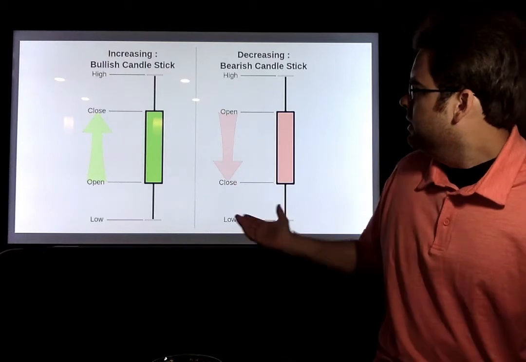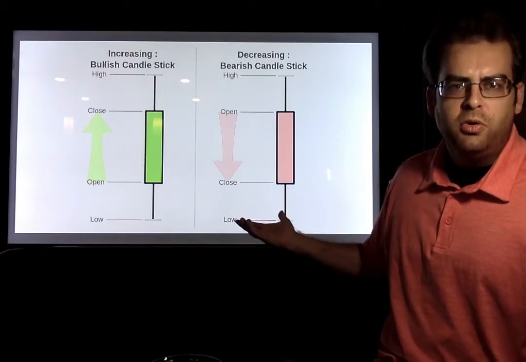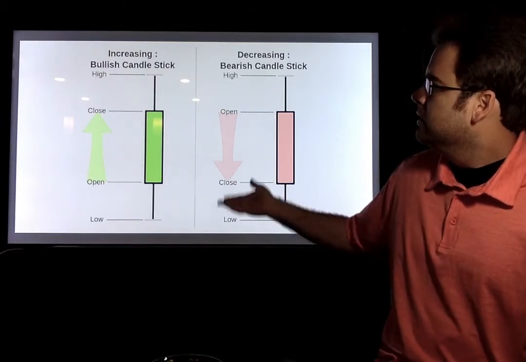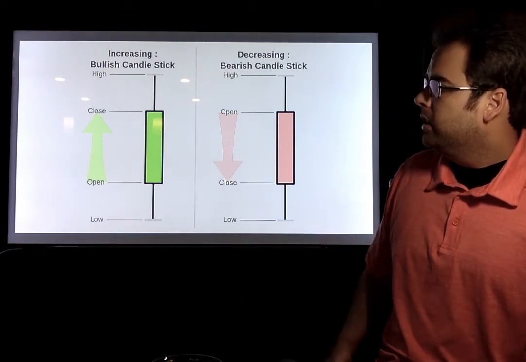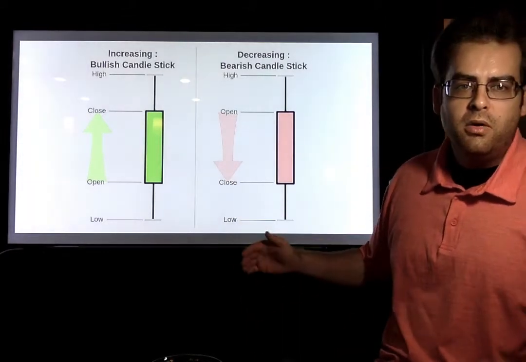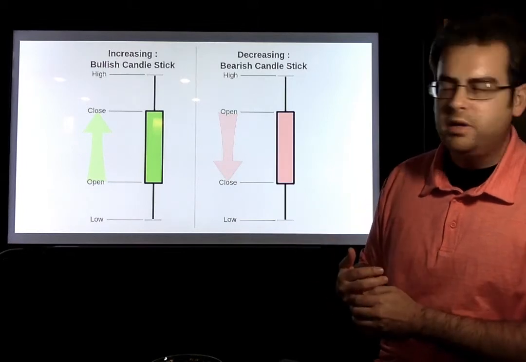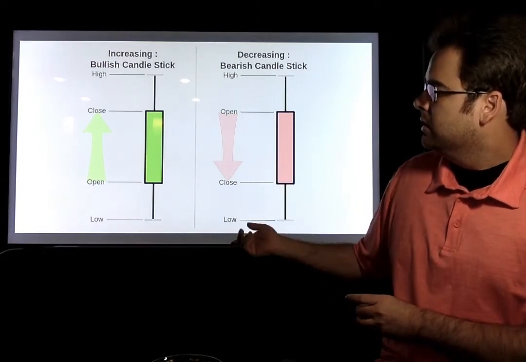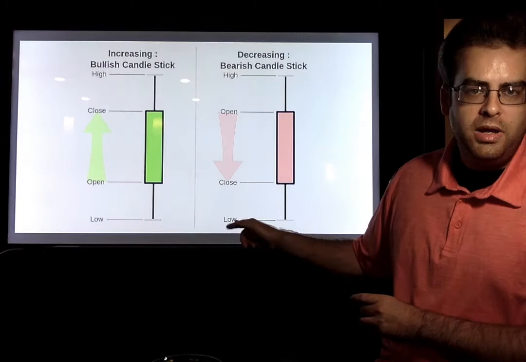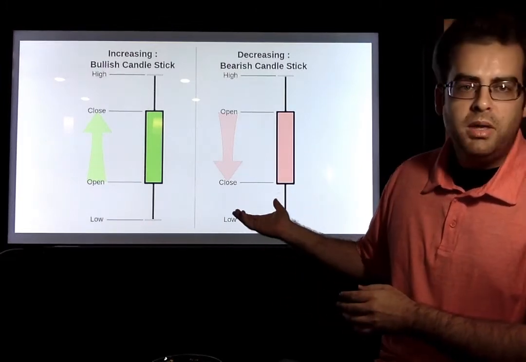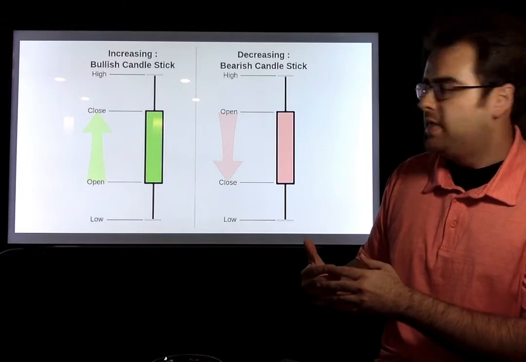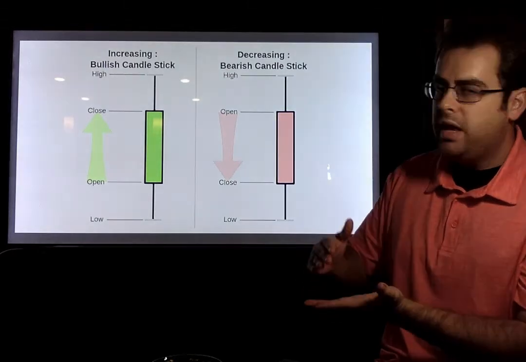So here's another visual of what I was saying. So an increasing bullish candle stock will be green, and you see the high and the low at the bottom and top ranges of it. So the full stick goes all the way from the low point to the high point during the day of trading. And the middle, or the green part, that's the actual open and close.